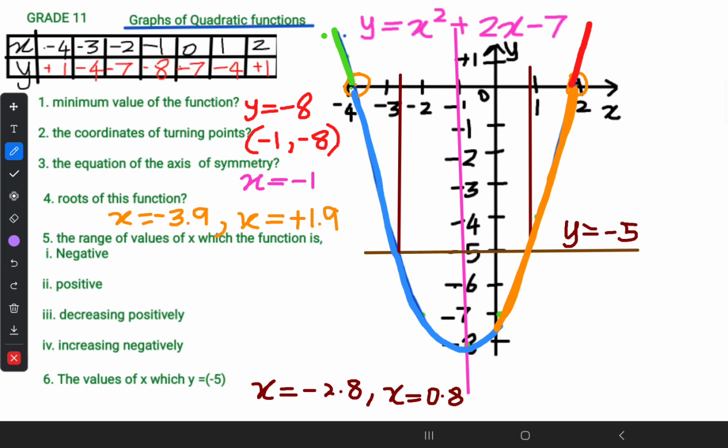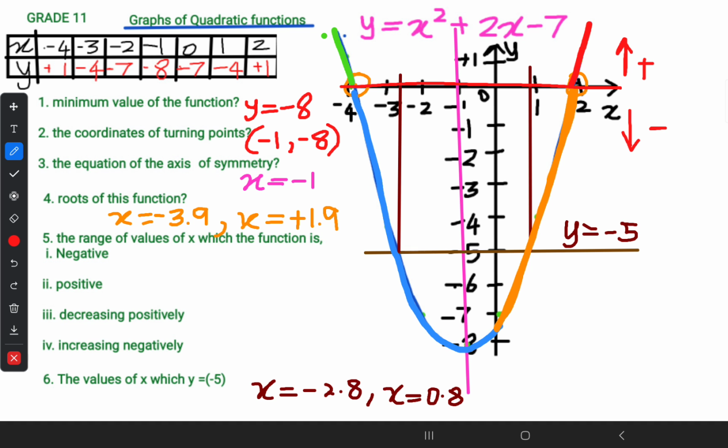First, the question is the range of values of x for which the function is negative. When the function is negative means, as I told you in the previous explanation also, that this is our reference line, the x-axis. Above this x-axis, the function is positive. Below this, the function is negative. So since our question is where the function is negative, you have to consider this one. Below this x-axis, we have this part of the function.